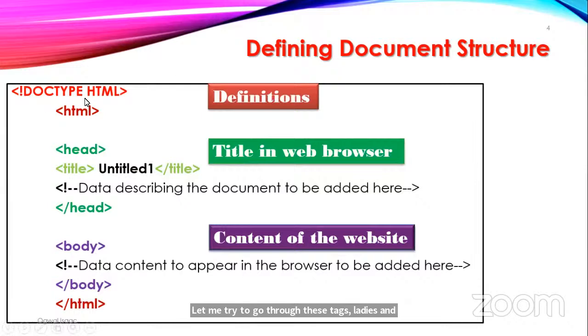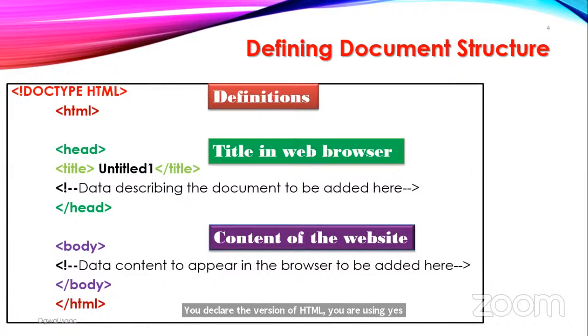The first tag, the one you are seeing, doctype HTML. Now, this doctype HTML here, I'm saying definitions. You can even say declaration. As you're starting to work with your HTML, you need to first do what we call document type declaration. You declare the version of HTML you are using.